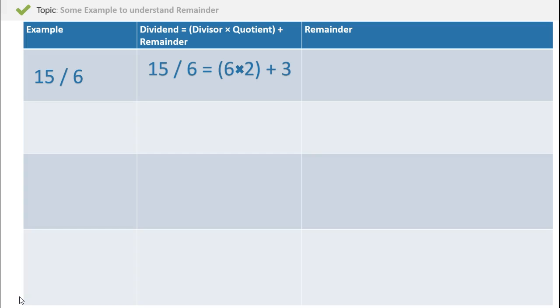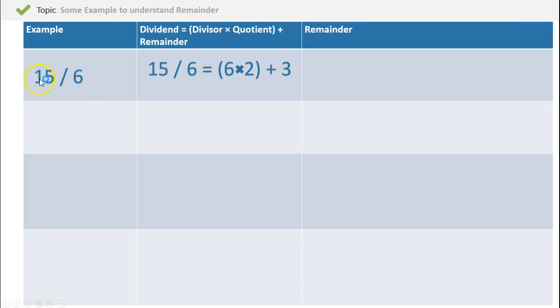So when you divide two numbers, you can represent them as dividend equal to divisor multiplied by quotient plus remainder. And what is left is called remainder.